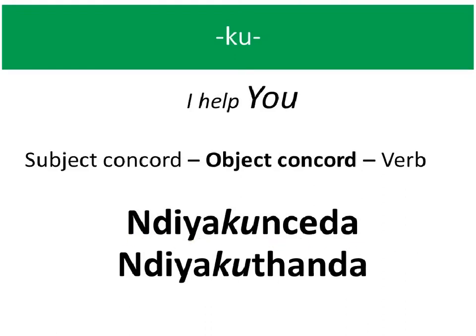Ndiyanceda would mean I help. And when I say I help you, ndiyakunceda. The very common I love you or I like you, there our verb is thanda. Ndiyathanda would be I like, and I like you or I love you, ndiyakuthanda.